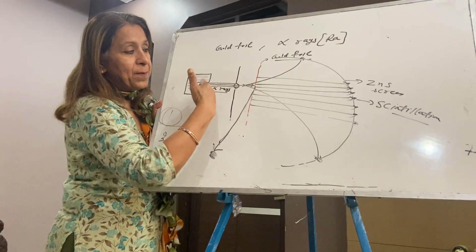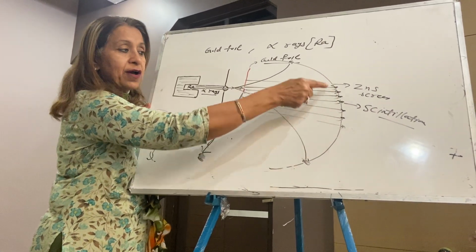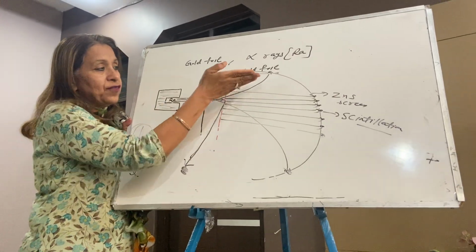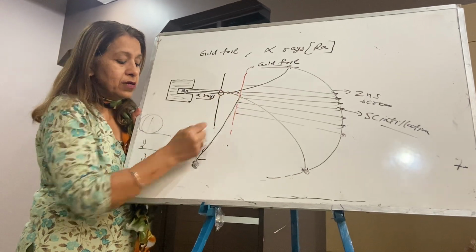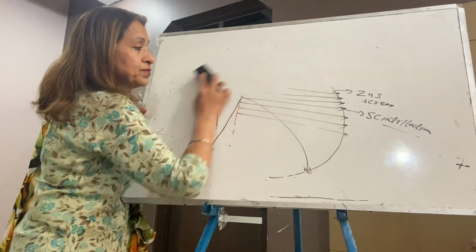Most of the alpha rays passed through the gold foil undeflected, and a number of scintillations were observed in front of the screen. A very few alpha rays deflected to a small angle, and a very few came back. The question is why? Now let me explain.